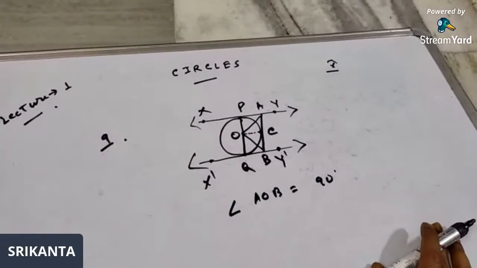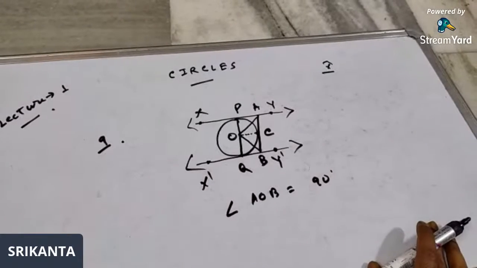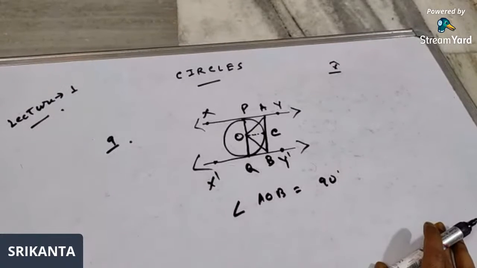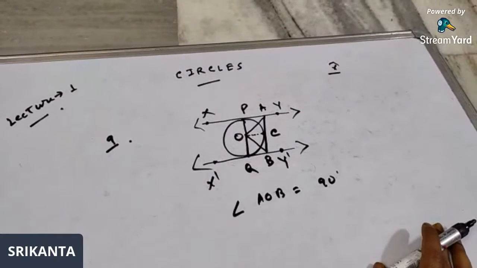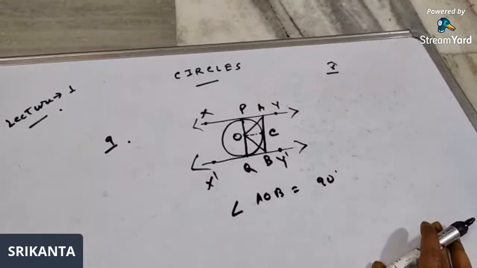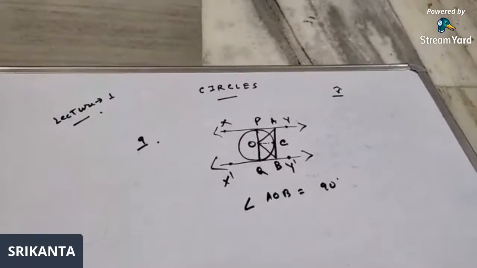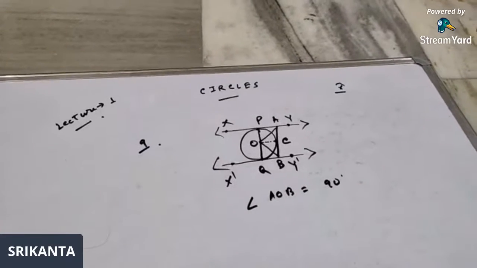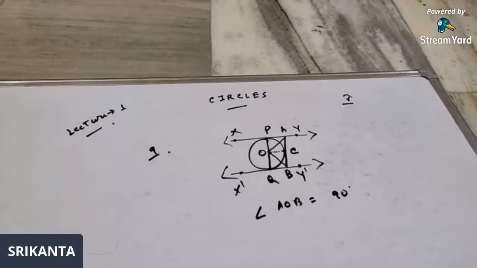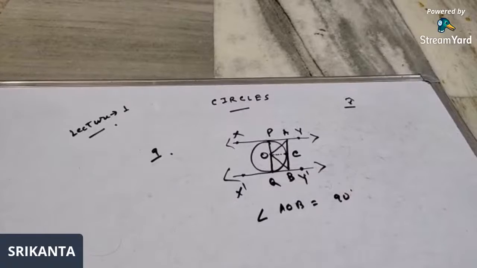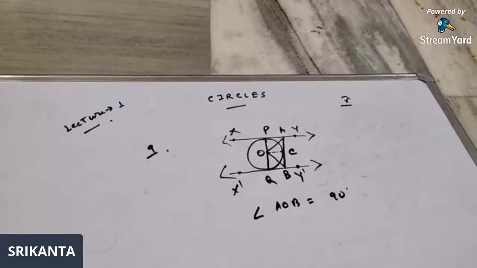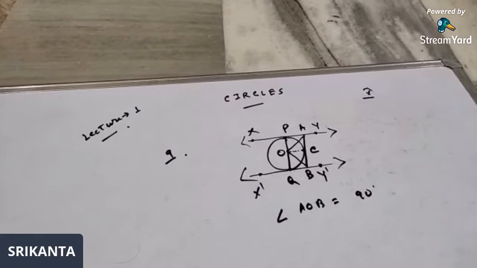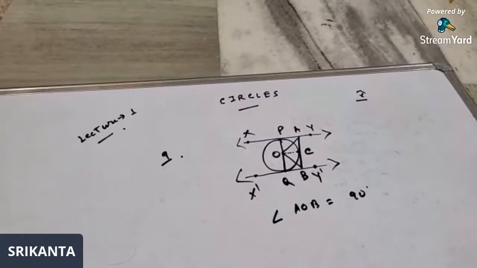Now, as you can see, since XY and X dash Y dash are parallel, and we know the distance between two parallel lines is always the same, therefore PQ is equal to AB. Here PQ is radius, but this is slightly oblique given.